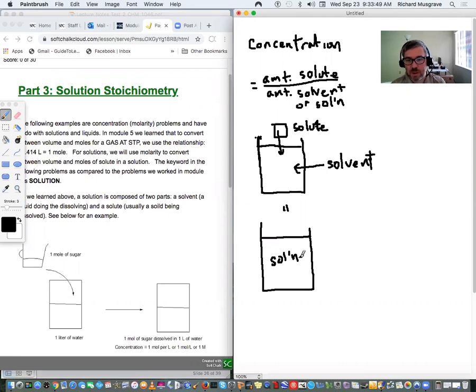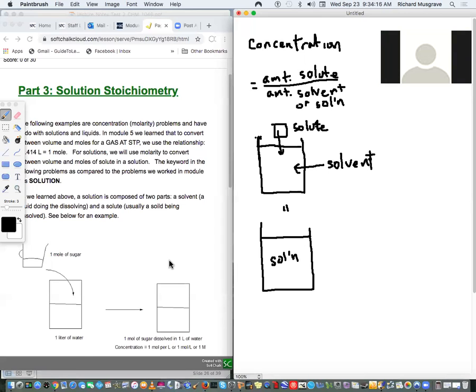There's molarity, which is moles per liter of solution, or molality, which is moles per kilogram of solvent. Then you've got percent mass, which is the mass of solute divided by the mass of solution, times 100%. So there's a lot of different possible ways we can express concentration here.